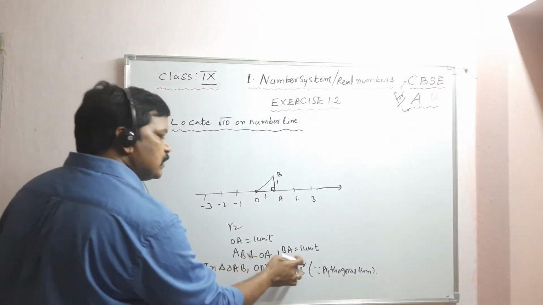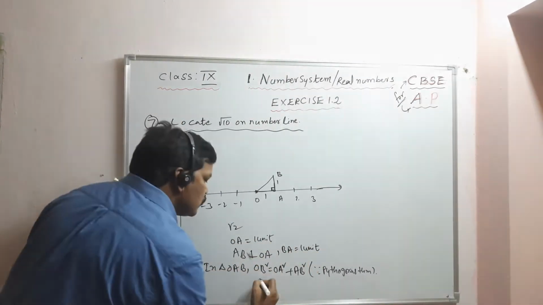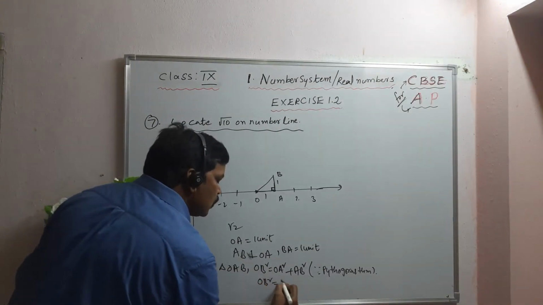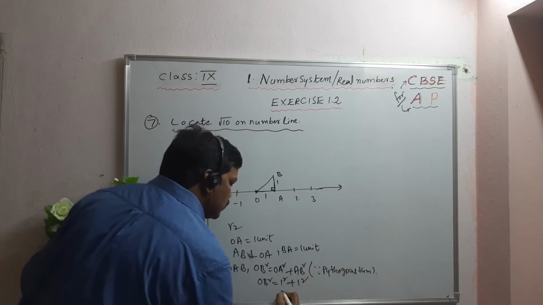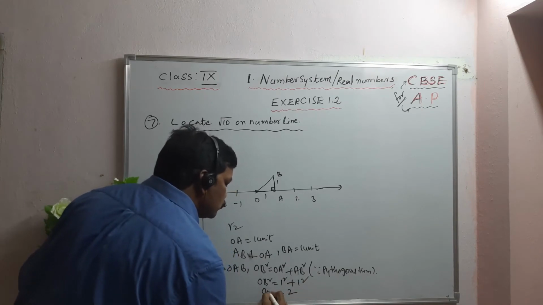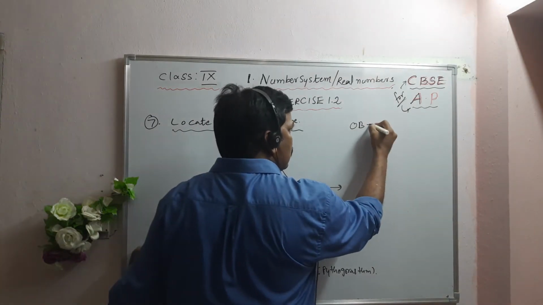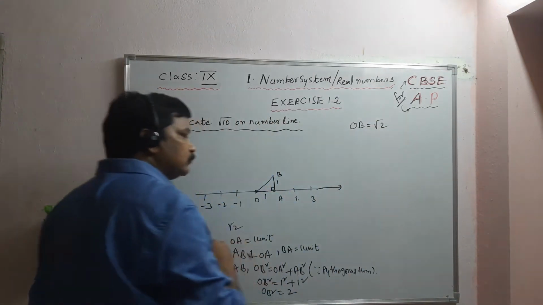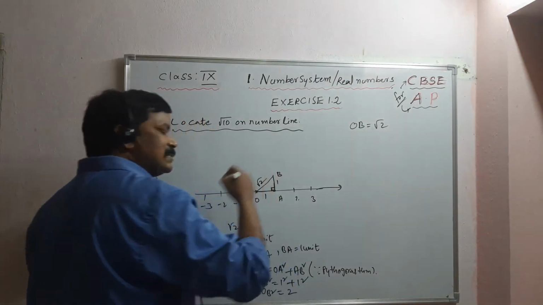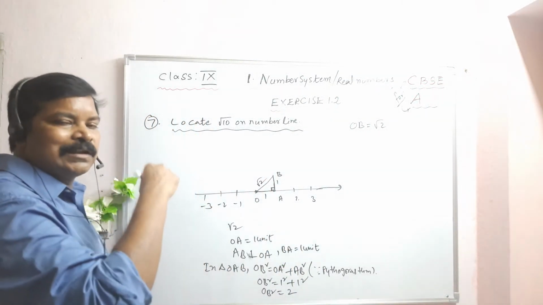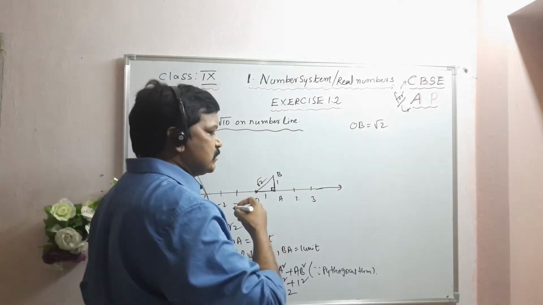So by using Pythagoras theorem, OB square is equal to OA square, that means 1 square plus 1 square, that is equal to 2. OB square is equal to 2. OB is equal to root 2. Understand? So the length of OB, the length of the hypotenuse, is root 2 units.